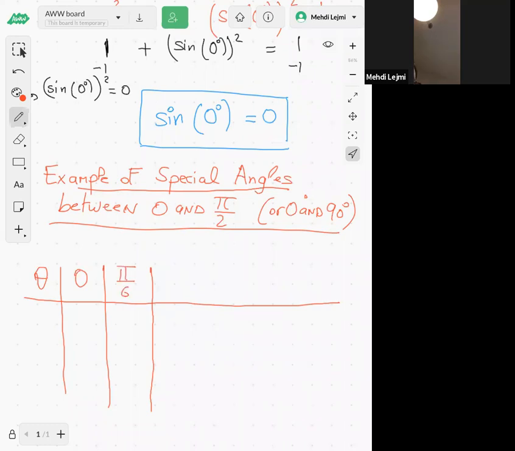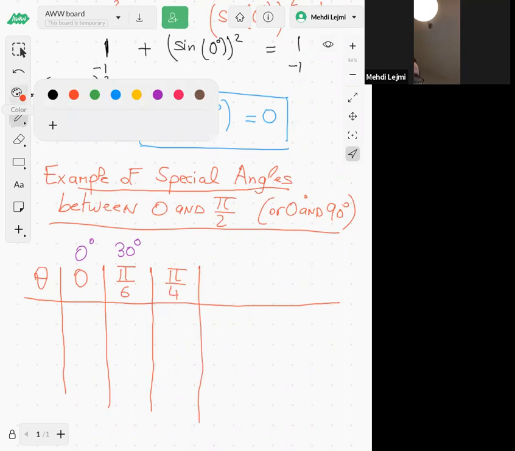pi over 6. So 0 is 0 degrees. Pi over 6, where pi is 180, is 30 degrees. The next special angle is pi over 4, which is 180 over 4, which is 45 degrees.